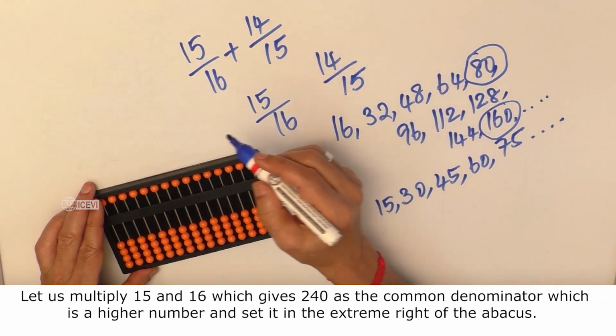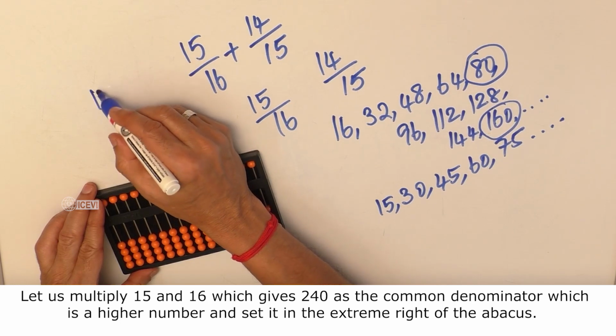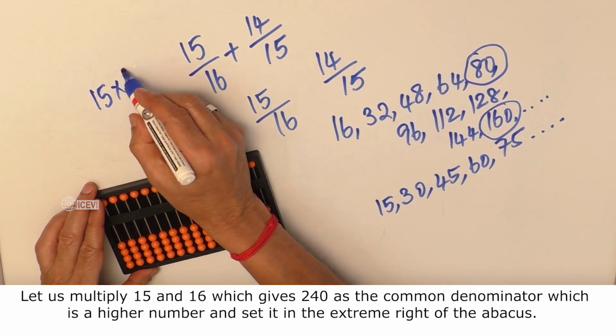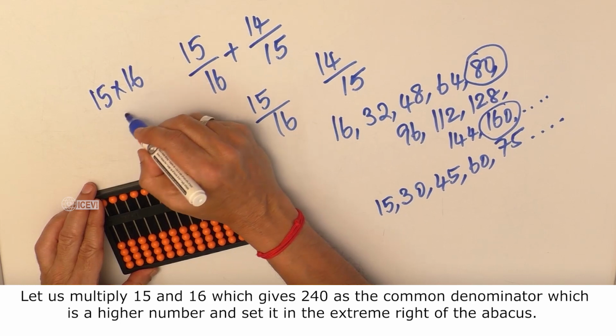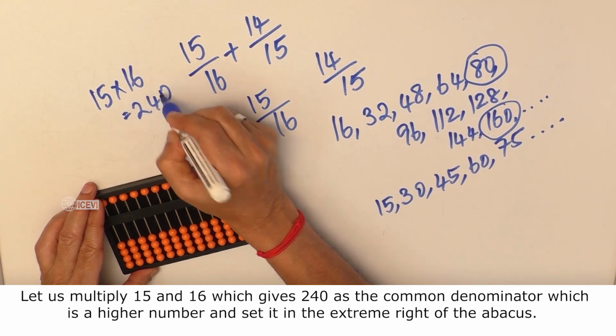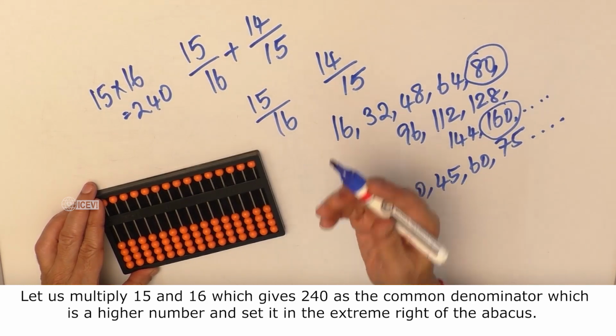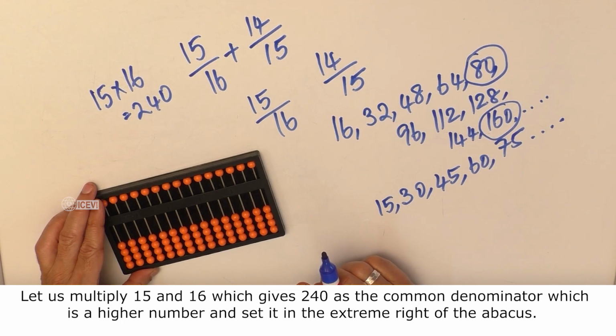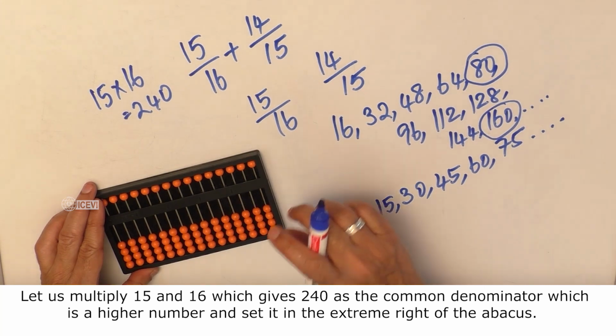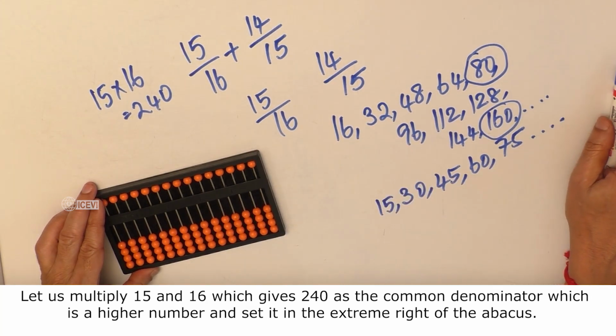Let us multiply 15 and 16, which gives 240, and we can treat this as the common denominator, which is a higher number, and let us set it in the extreme right of the abacus.